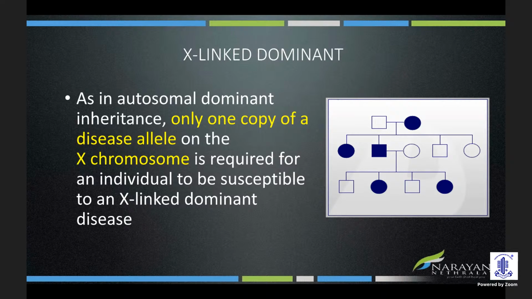So again, we understood about autosomal dominant and autosomal recessive. When it comes to an X-linked disorder, X-linked dominant is also like an autosomal dominant, but this happens in X chromosomes. So males and females have an equal chance of getting affected.